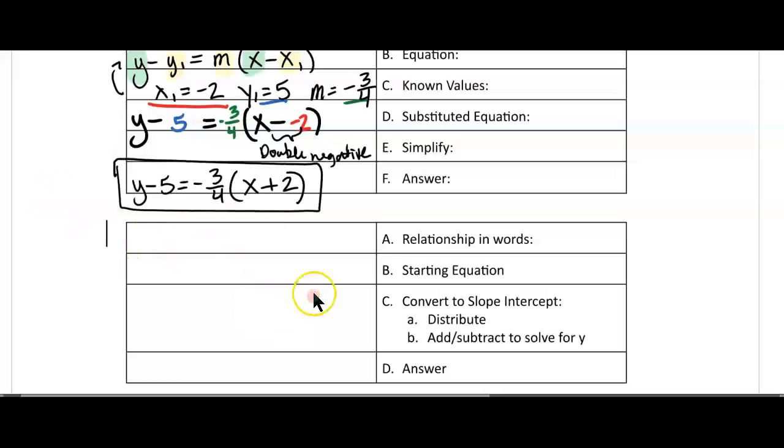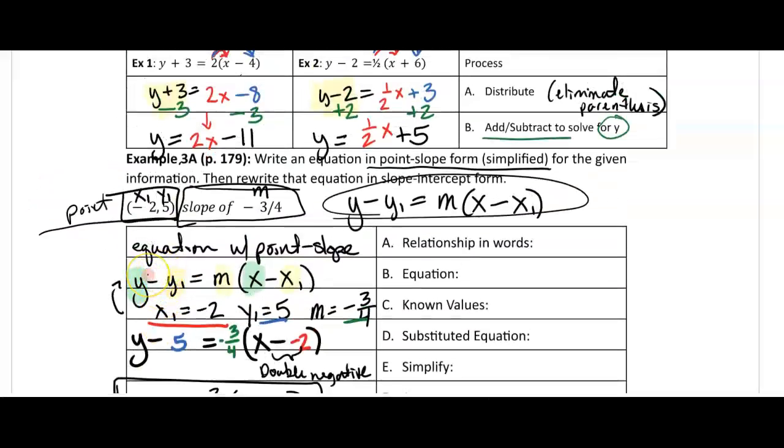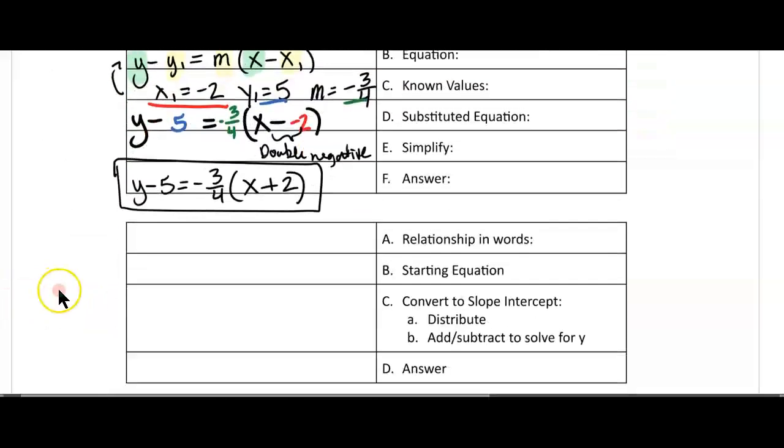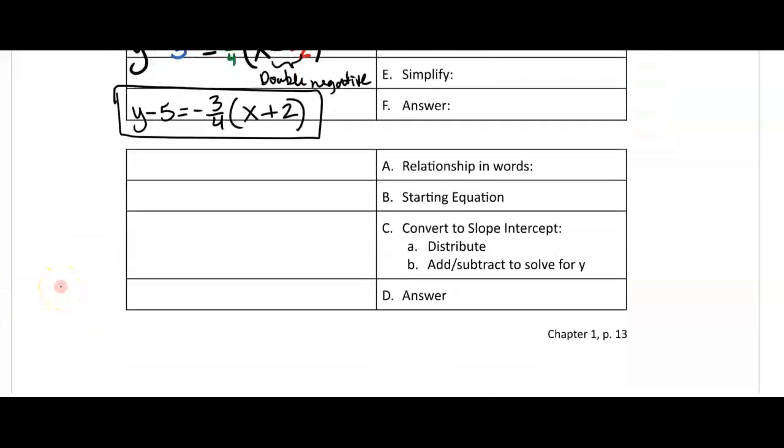Then this last step is to do the second part here, rewrite that equation into slope-intercept form. That is, rewrite the relationship in words, rewrite in slope-intercept.